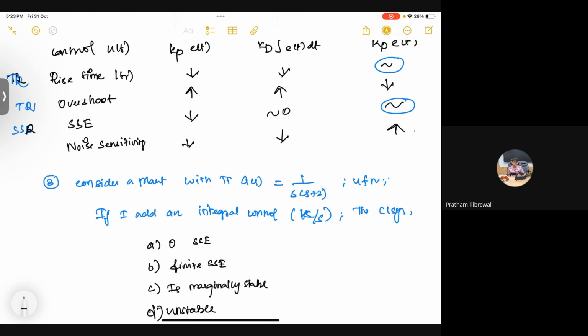Will it make the steady state error zero? Considering the closed loop system, write the closed loop transfer function with this and then try to analyze with that. Will it have a finite steady state error, or will it be marginally stable or unstable?